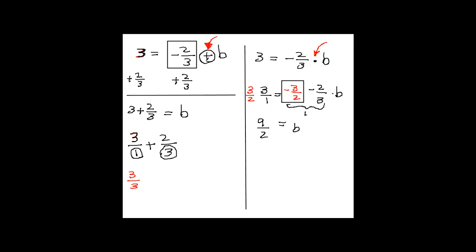You're not changing the value of the first fraction, we're just changing the look of that. So here I would get 9/3 plus 2/3, which is 11/3. And then this is what we have for the B.